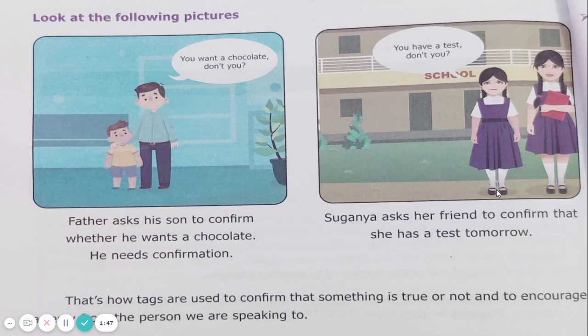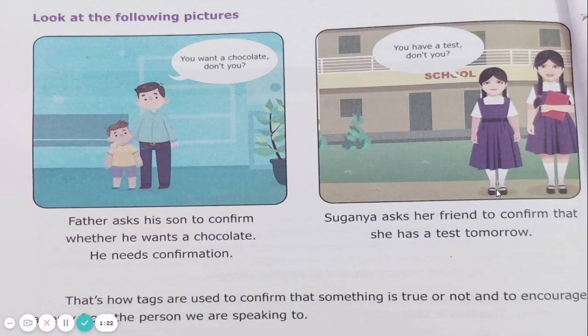Then see the second picture. You can see two girls in uniform in front of the school. One girl is saying, "You have a test, don't you?" Here "don't you" is the negative tag. Suganya asks her friend to confirm that she has a test tomorrow.